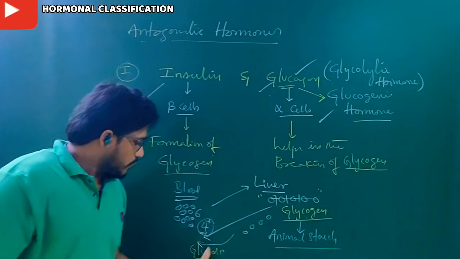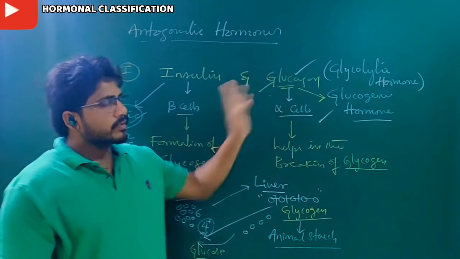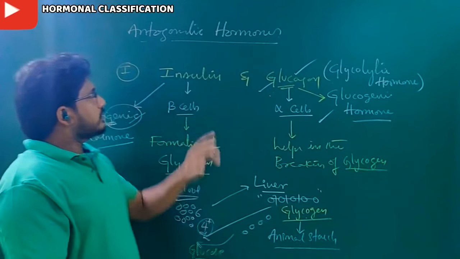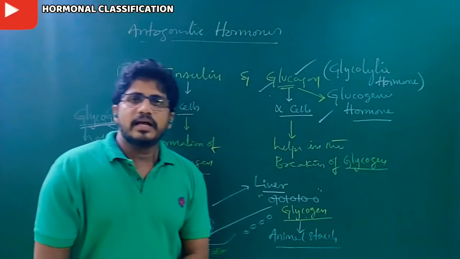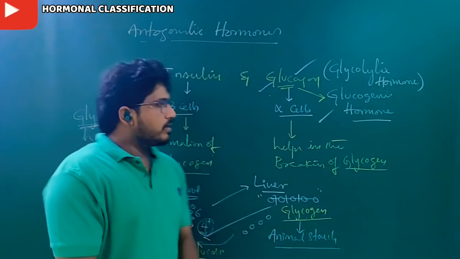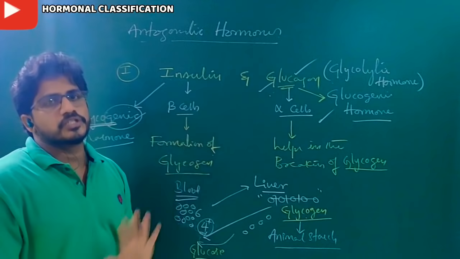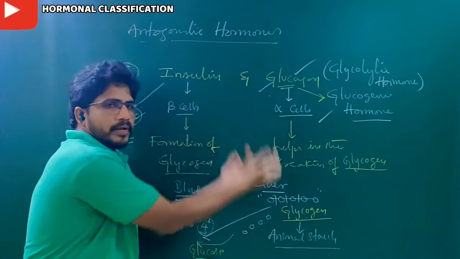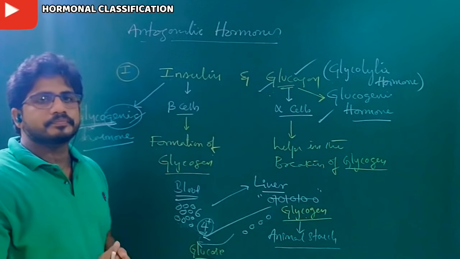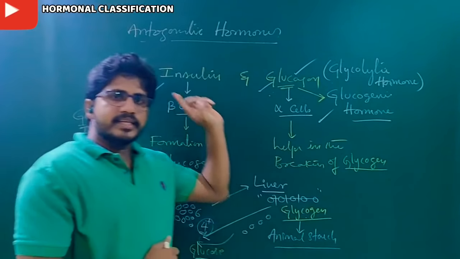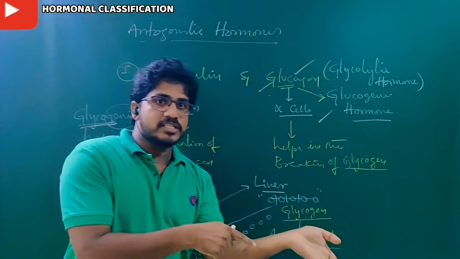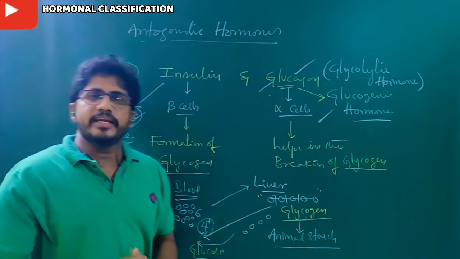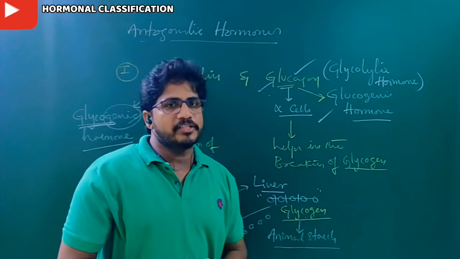And glucogenic hormone, glucagon. So understand why it is an antagonistic series. One hormone's function is opposite: it produces glycogen and the other breaks glycogen. Simply. Insulin is involved in synergetic actions as well as antagonistic actions, which is a remarkable point here.